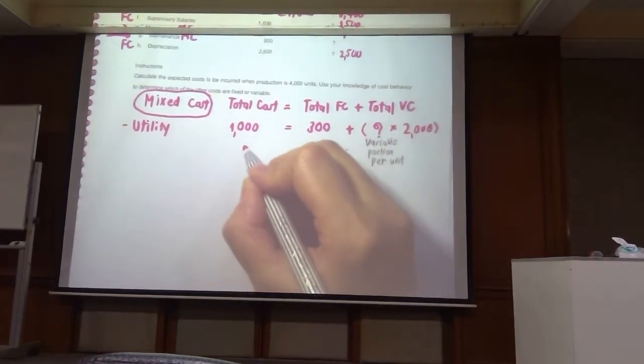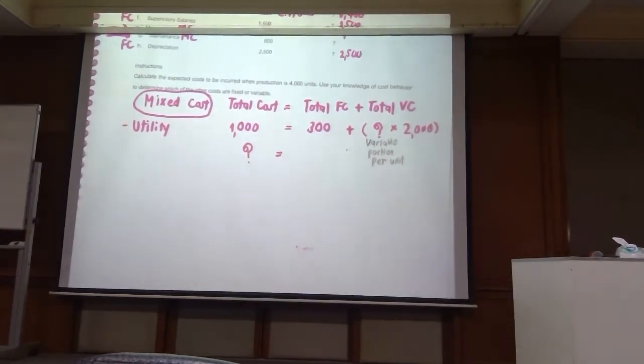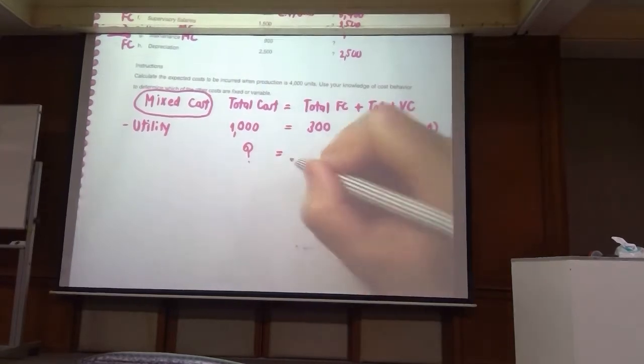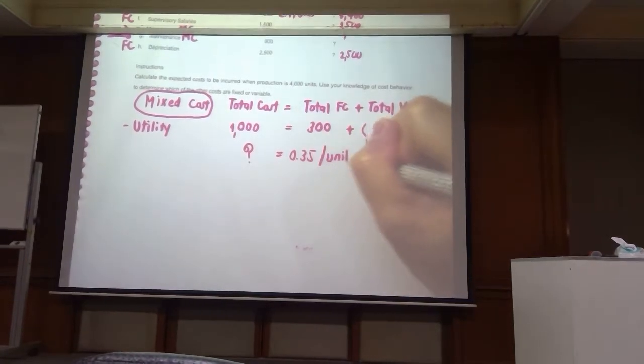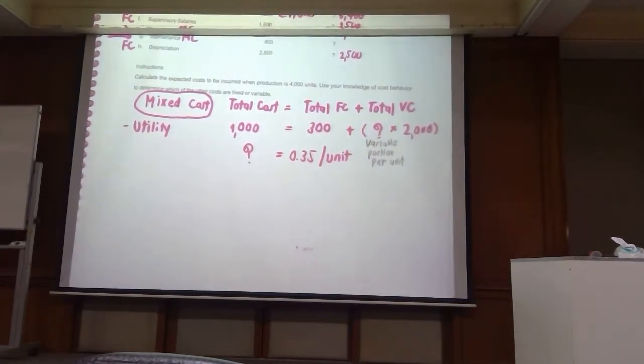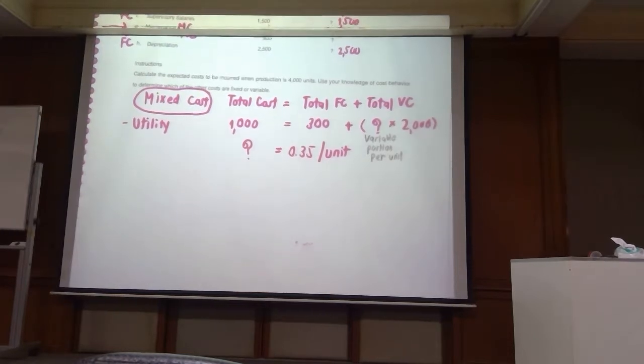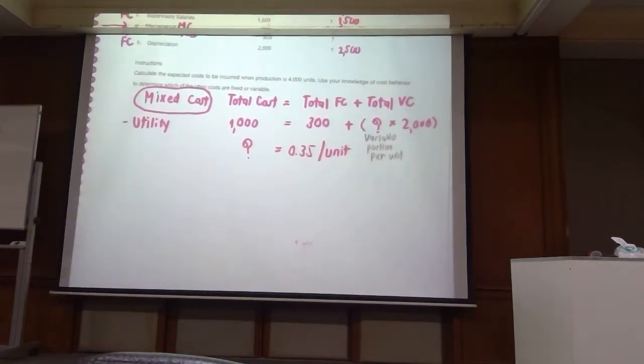And we can solve for the unknown variable, right? So the unknown variable is 0.35 per unit, okay? We need to separate the total cost of utility into fixed portion and variable portion.